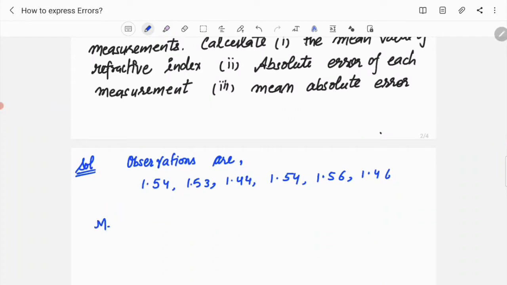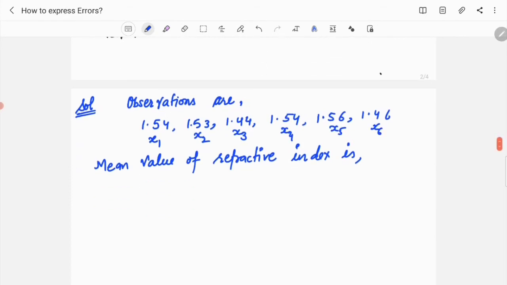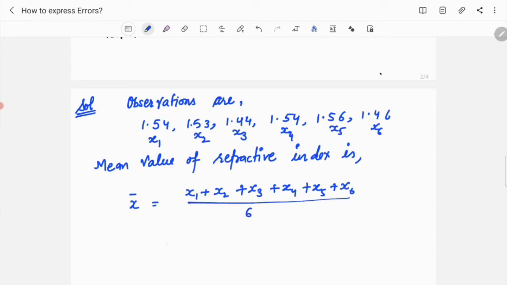The mean value of refractive index, we can denote the observations by x1, x2, x3, x4, x5 and x6. Then x bar will be equal to x1 plus x2 plus x3 plus x4 plus x5 plus x6, and whole divided by 6.